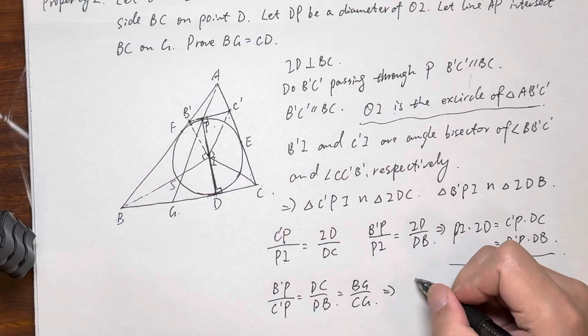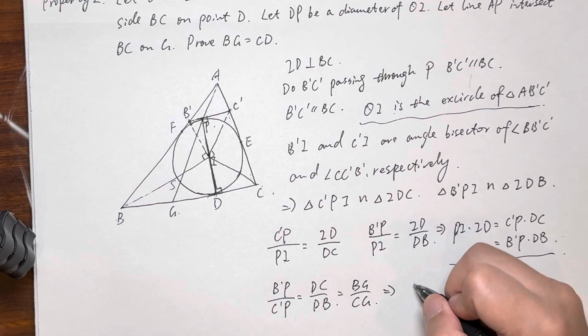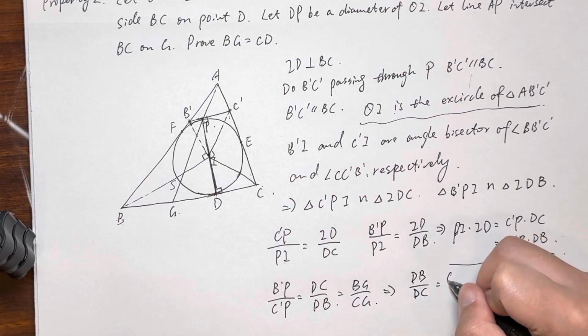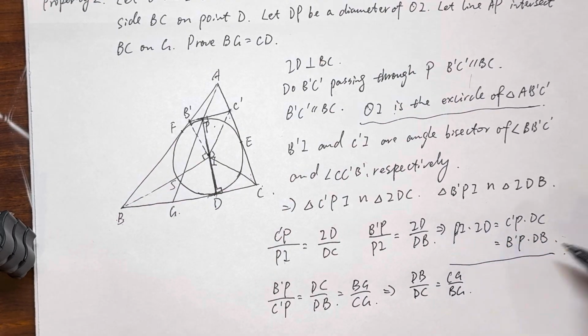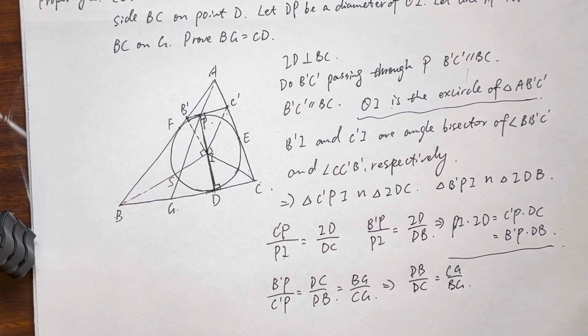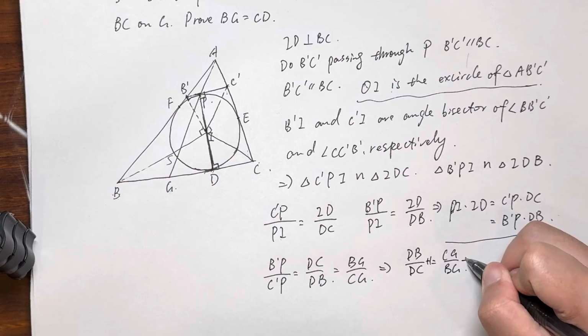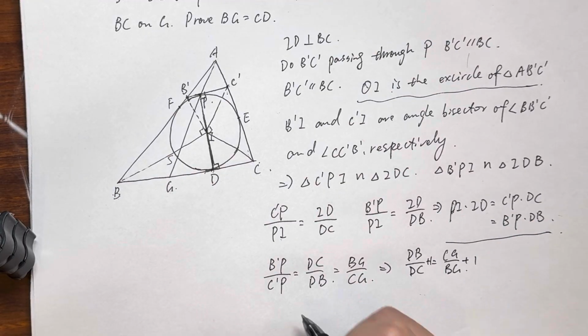Which means we got that DB to DC equals CG to BG, right? So we can add 1 on both sides.